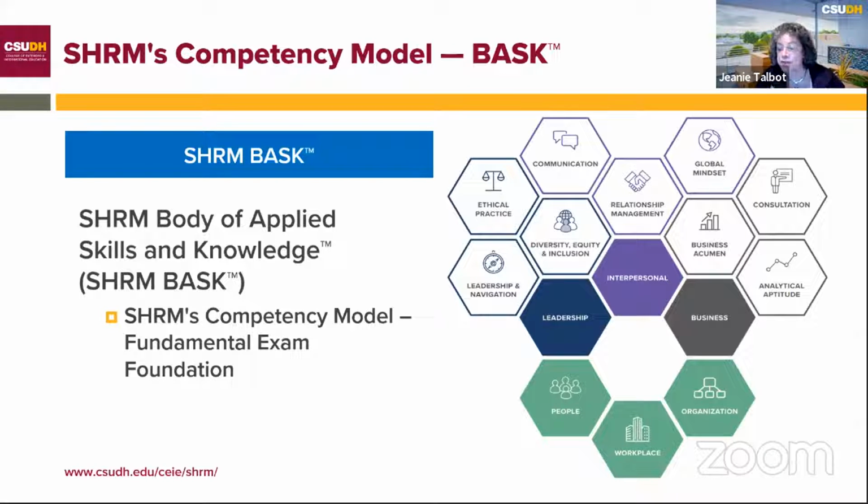The SHRM BASK was developed through a series of large-scale research studies that incorporated the viewpoints of thousands of HR professionals from around the world. It was most recently updated in 2021 and now includes 9 behavioral competencies as well as 1 technical competency. This SHRM BASK competency model is the fundamental foundation of the SHRM exam.